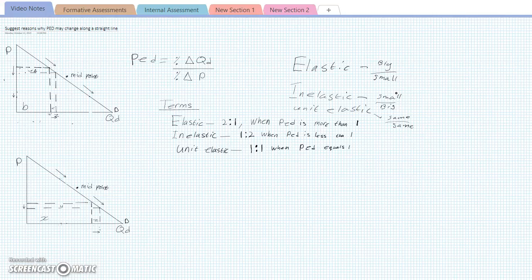So what I want to get to here is, just a disclaimer, they're both the same decrease in price, but one is in the upper half of the demand curve and one is in the lower half of the demand curve.